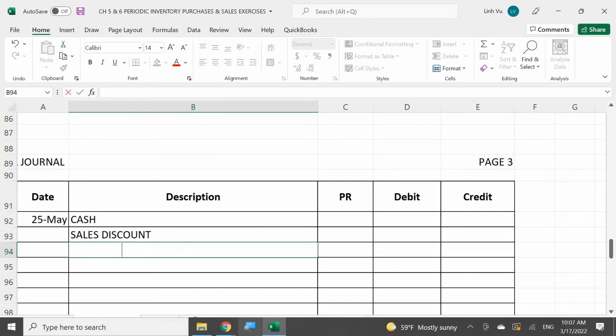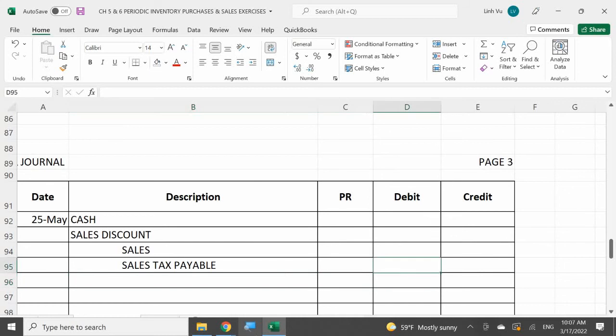Is it just sales? You have to recognize that you sold something. And what do you need to charge? Sales tax. Okay. So let's go ahead and figure this out.